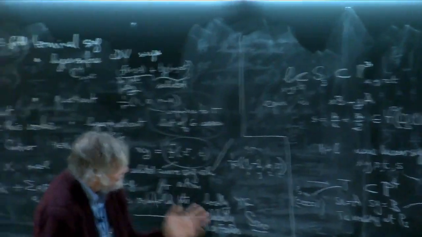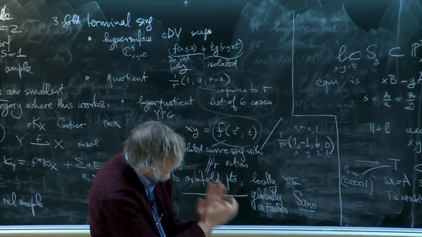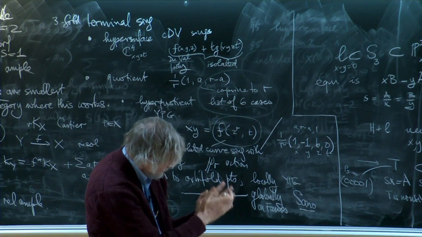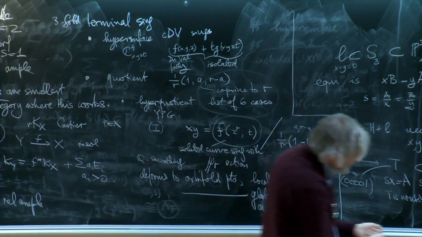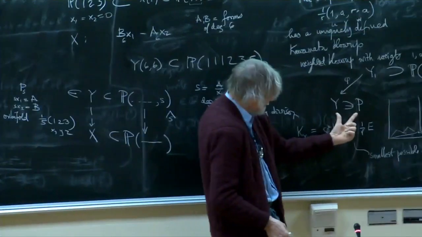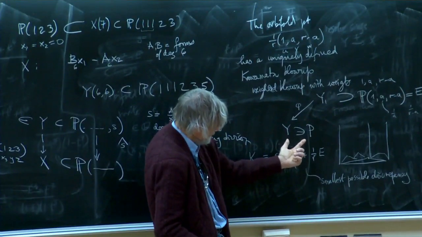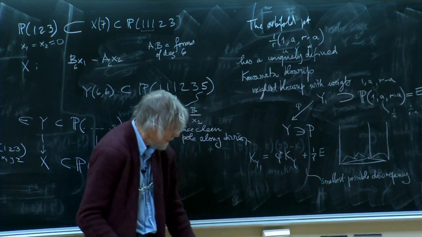If I want to do some birational transformation between two different Fano threefolds, or from a Fano threefold to anything else, then if I want to do anything that is not an isomorphism in the neighborhood of this point, this is the only starting point.